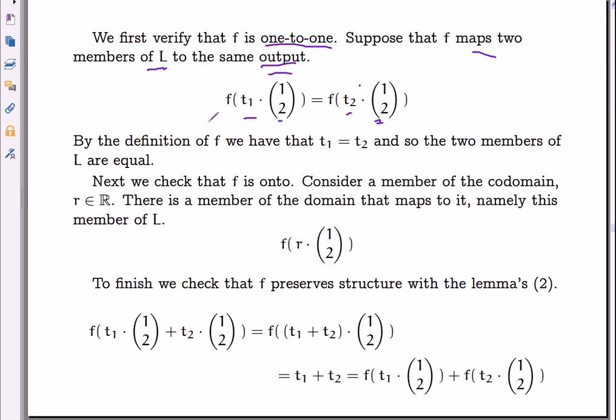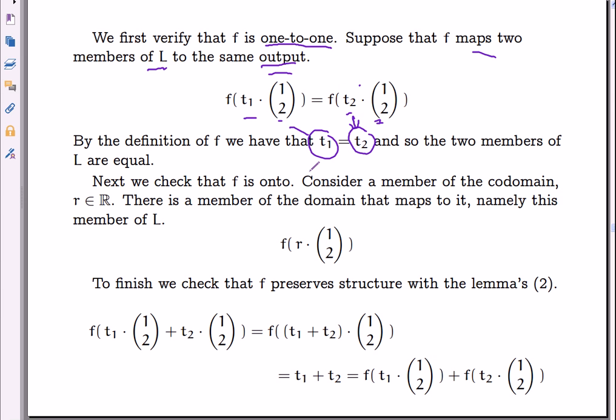Well, f of t1 times (1, 2) is just equal to t1, and f of t2 times (1, 2) is just equal to t2. So the only way that f of this vector can be equal to f of this vector is if t1 equals t2. And if t1 equals t2, then these two elements are equal. So that means that, in fact, there's only one element of L that maps to this output.